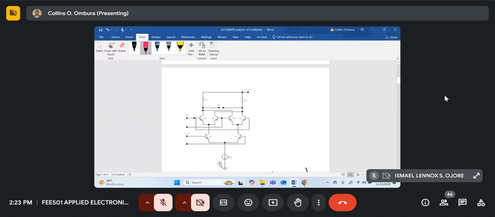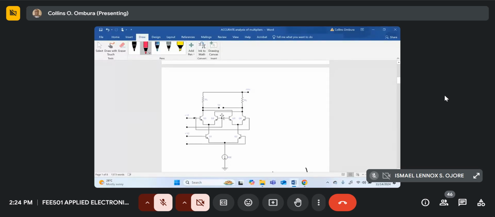I wanted you to see the constant current source, so I've decreased the scale a bit. So we have these transistors, Q3, Q4, Q5, Q6.